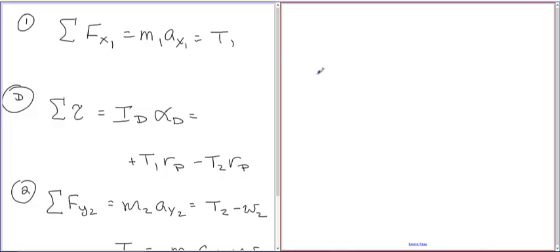Okay, so let's write that here. So we have moment of inertia for the disk, alpha for the disk is equal to T1, but T1 is equal to M1 a sub x1. So that's T1 in here times the radius of the pulley.